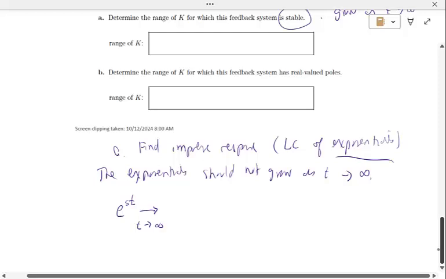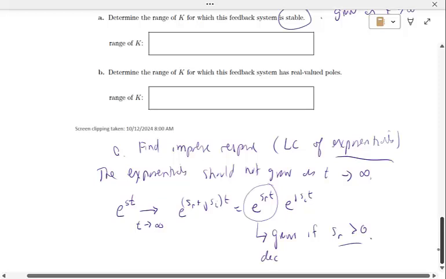Well, we can break s up into its real and imaginary parts. S real plus j s imaginary, times t. That's e to the s_r t times e to the j s_i t. Now, what happens to this? This will grow exponentially if s_r is greater than 0. Okay.